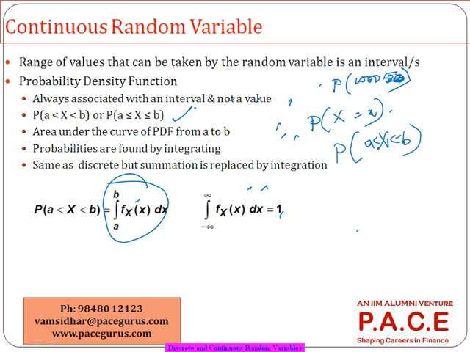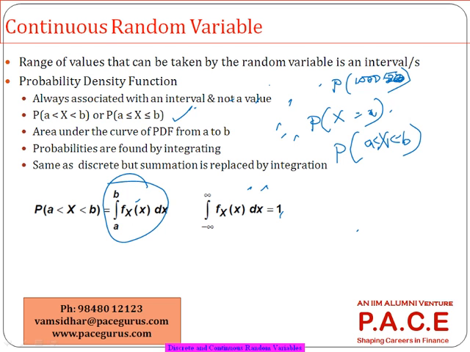because finding out the probability itself can be done using the definite integral between a and b, integrating the probability function itself. So any probability that I have to find out, we are doing it using an integral between a and b.